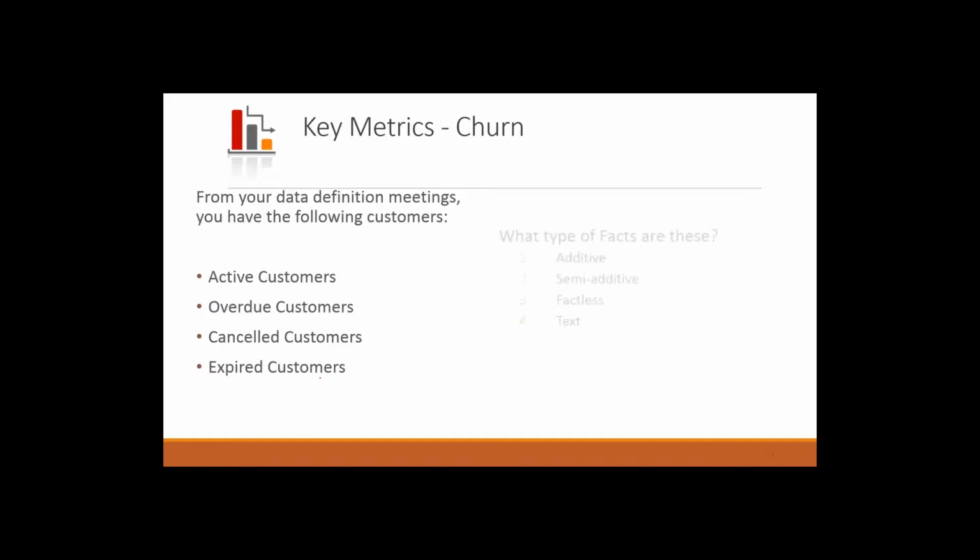For the dimensional modeling folks in the audience, I'm going to ask you this question, but I'm just going to answer it myself. I wish I had a poll. What types of facts are these? Are these additive, semi-additive, factless, or text facts? You may say they're additive, but they're really just factless, because the fact that you have an active, overdue, canceled, or expired customer is always going to be a count of 1 or a flag of 1.